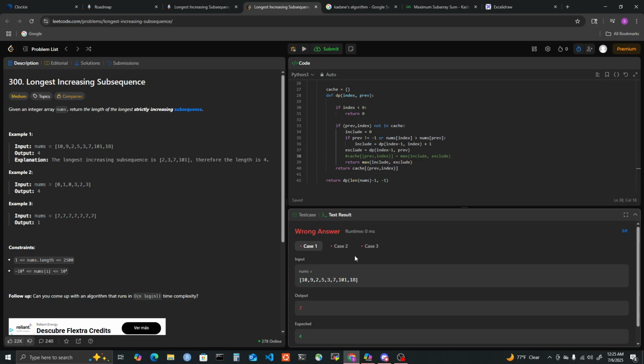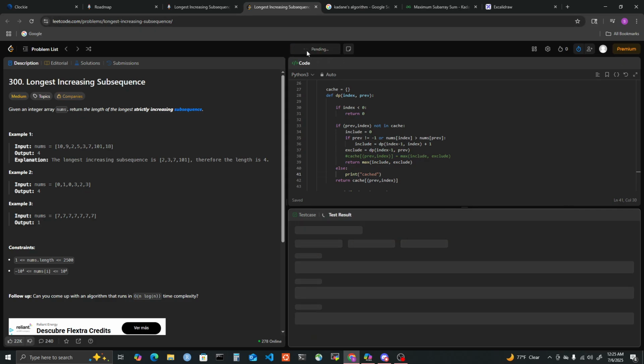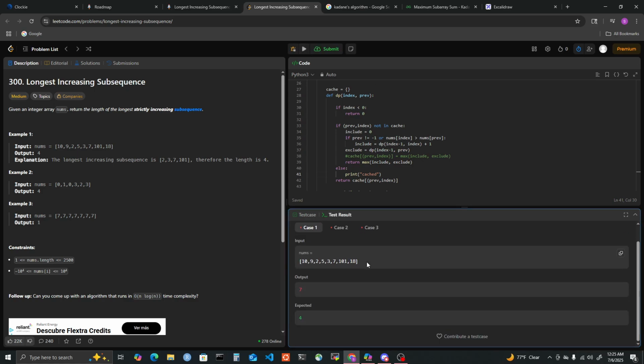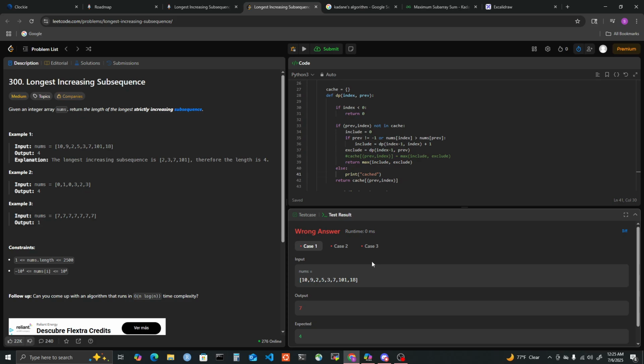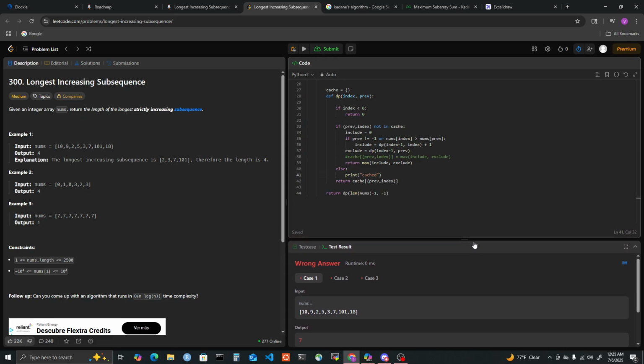I'm not using a single cache thing. Let's see. Else print, cached. Yeah, so okay, so it's not my cache then. It's just however I'm writing this is wrong.